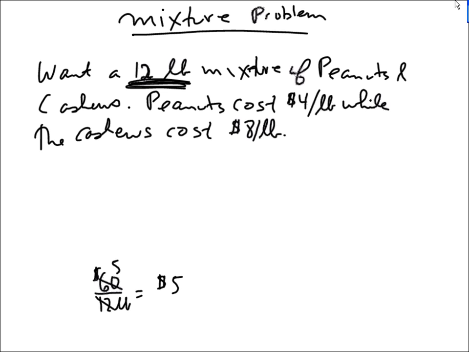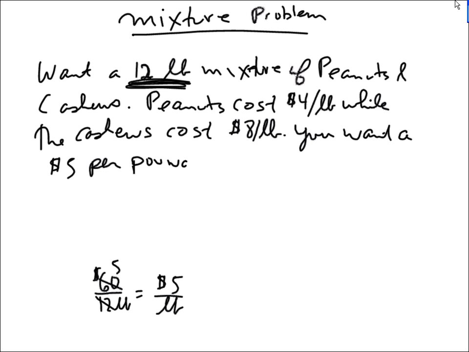So you want a $5 per pound mixture. How many pounds of each do you buy?